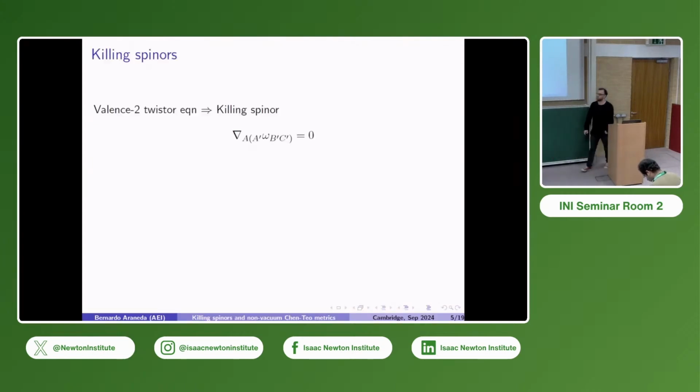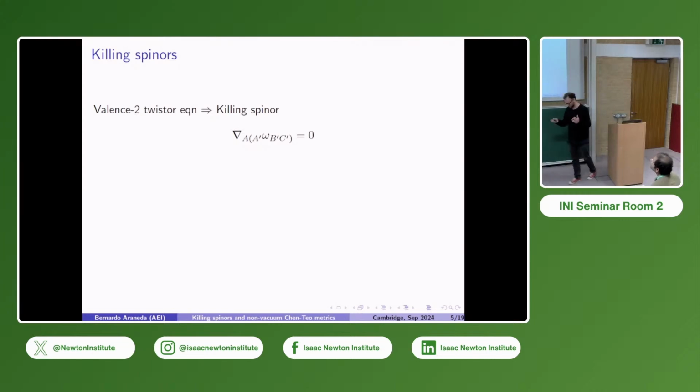So, first of all, what is a Killing spinor? This arises naturally in the context of twistor theory, because one possible approach to the construction of twistor space, if you follow, for example, Penrose and Ward, is via the valence 1 twistor equation.